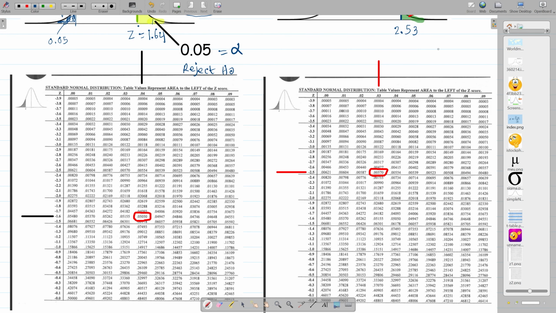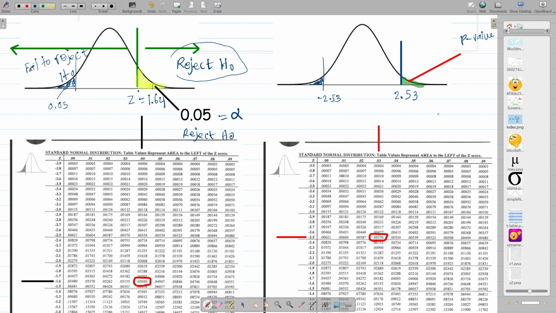That area is 0.0057. Because of the symmetric property in the normal distribution, area left to minus 2.53 is the same as the area right to 2.53. So the p-value is 0.0057.